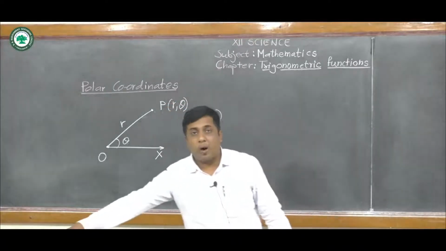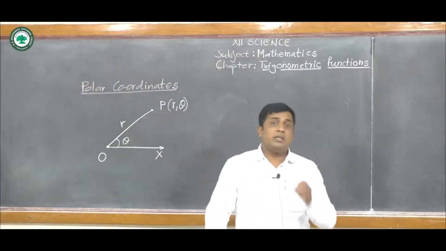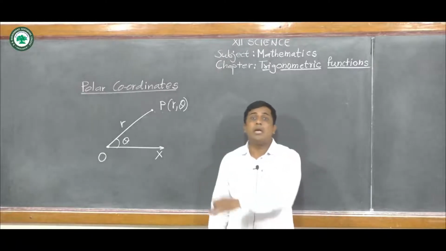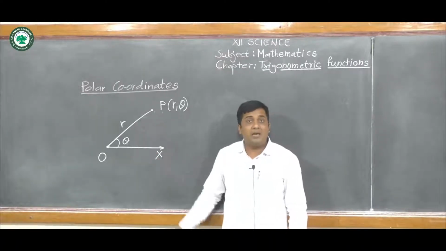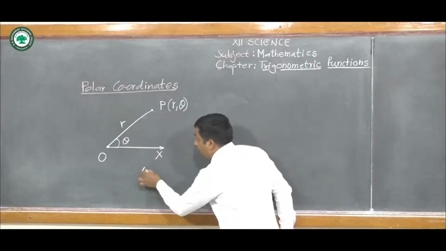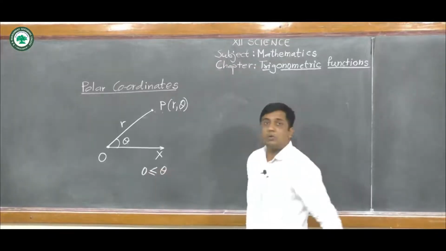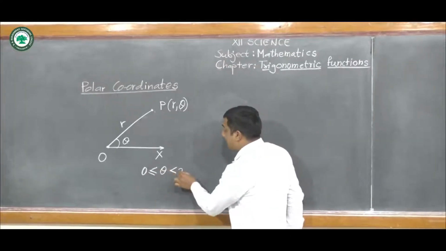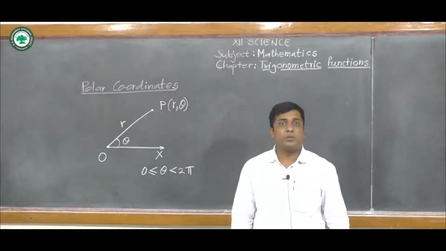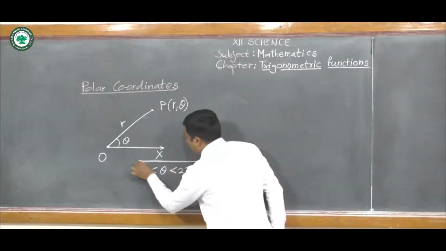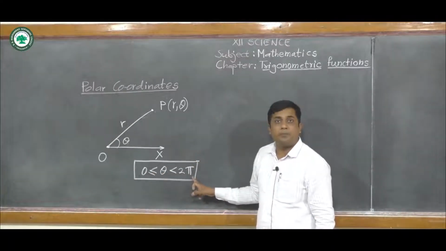Remember this point. Then this theta is a non-negative angle, and theta always lies between 0 and 2 pi, that is 0 is less than or equal to theta, strictly less than 2 pi.